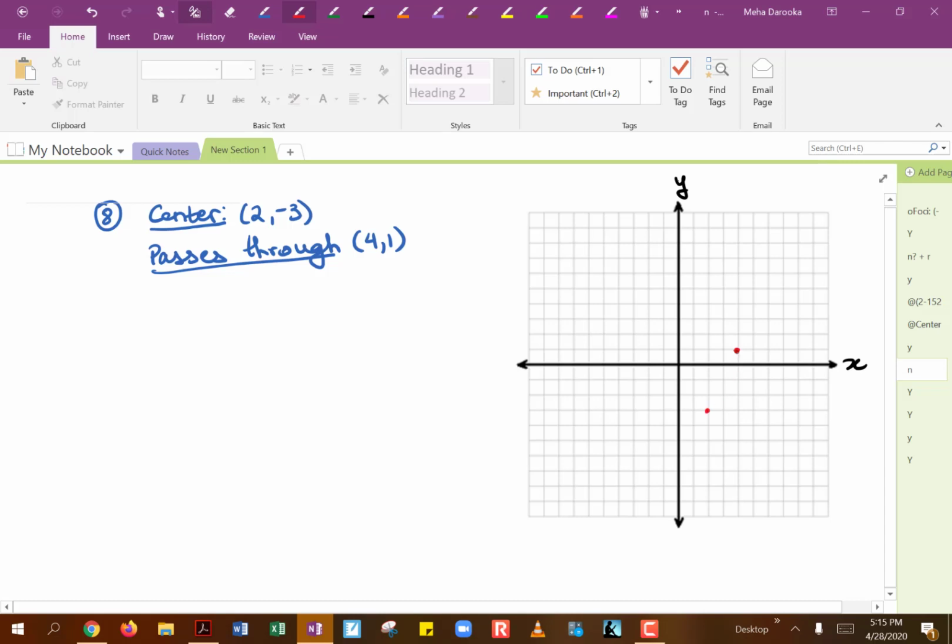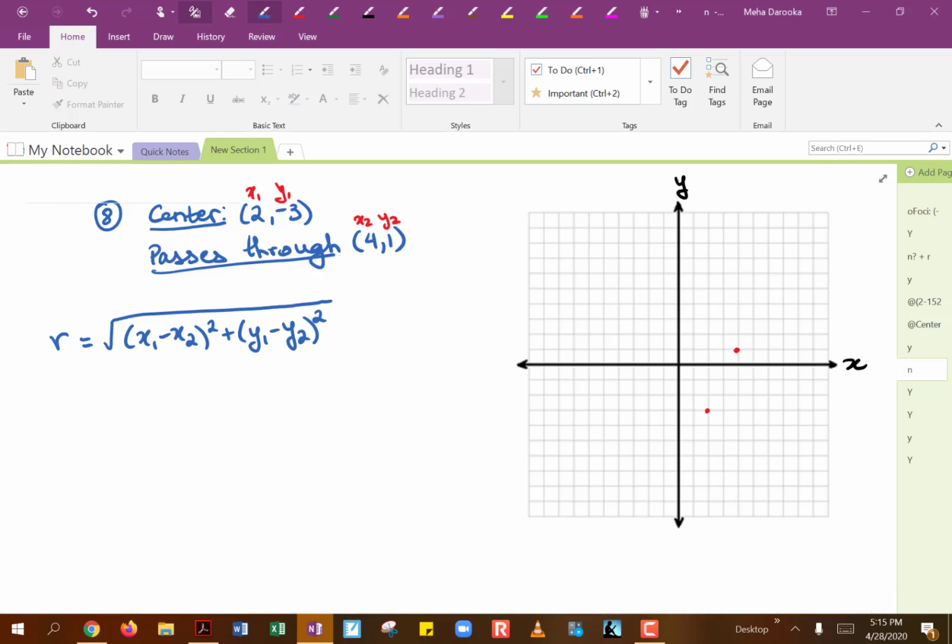So like we did in the previous example, we want to start by finding what the length of our radius is going to be. So again, using the same formula, x1 minus x2 squared plus y1 minus y2 squared. And you can think of this as our point x1, y1, our point x2, y2.